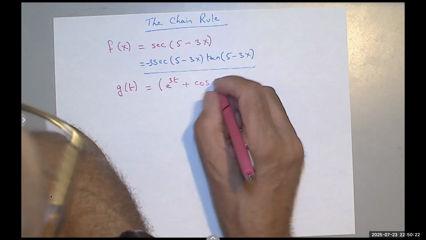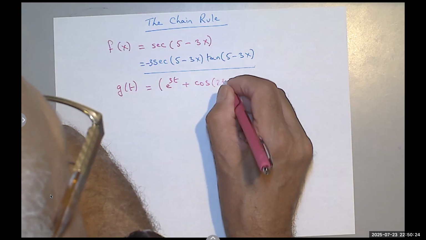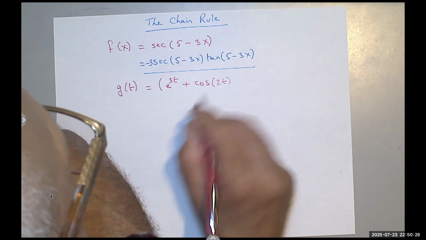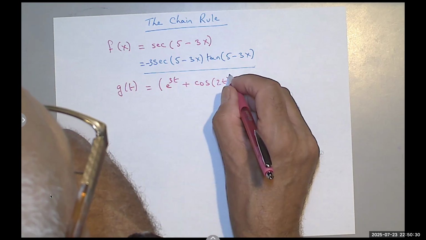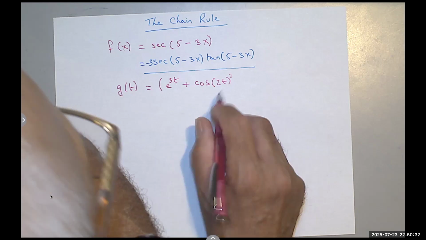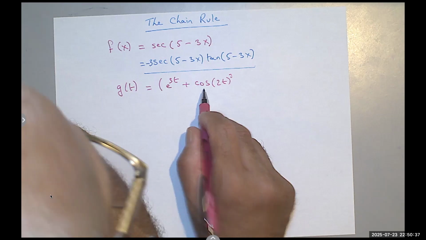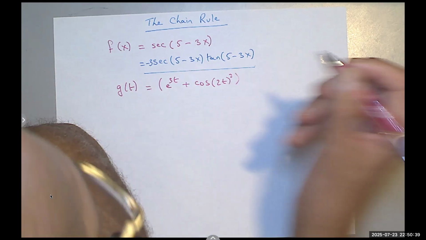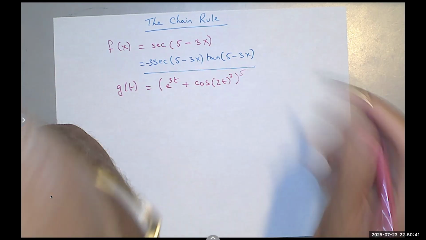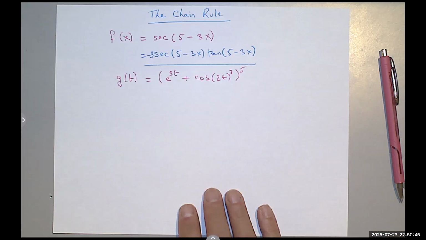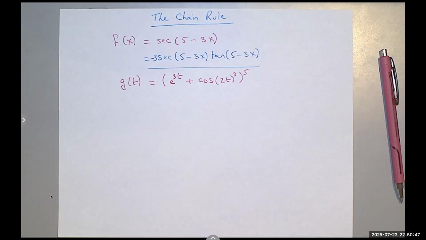And we make that a function of t, so 2t. Let's make it cube. So the 2t is cubed, not the cosine cubed. Okay, be careful here. And then everything is raised to another power, let's say 5. And I want g prime of t. So I take the derivative of g with respect to t.